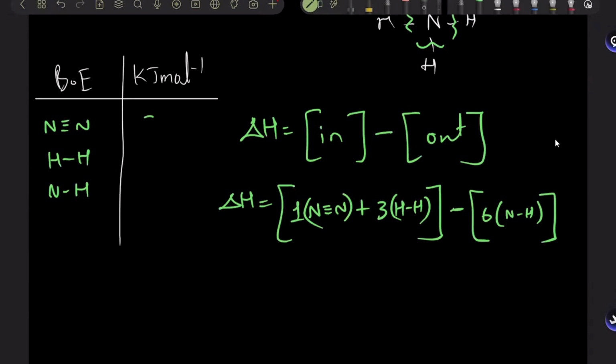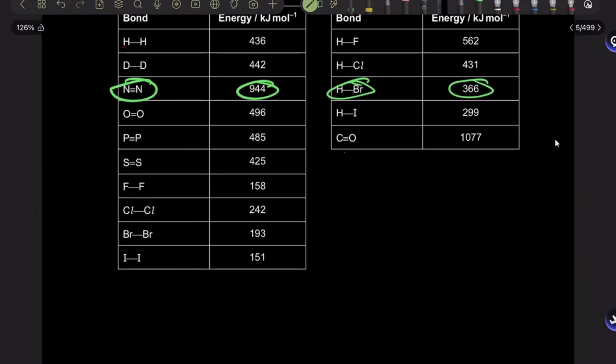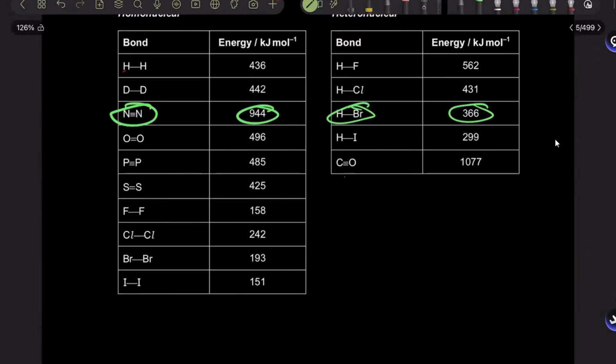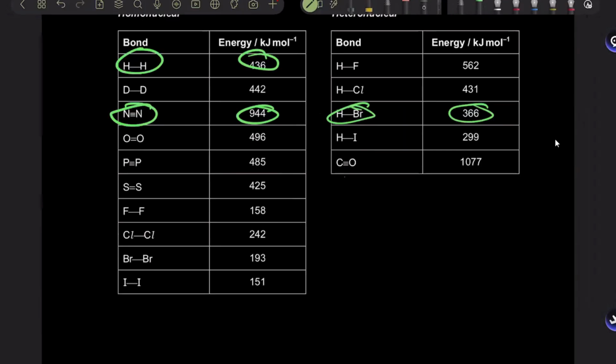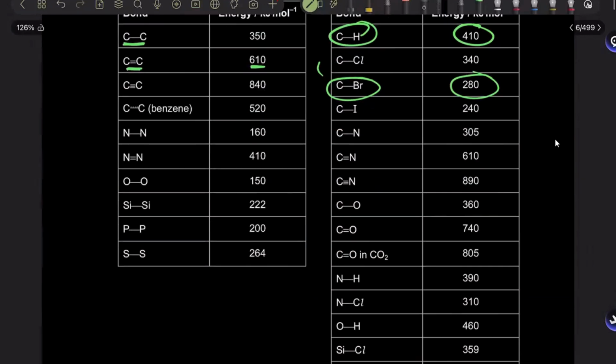Let's label that. And what else do we need? The hydrogen-hydrogen single bond, that is 436. And the nitrogen-hydrogen single bond, on the next page, it's over here. That's 390.